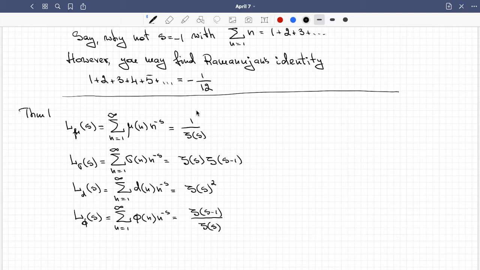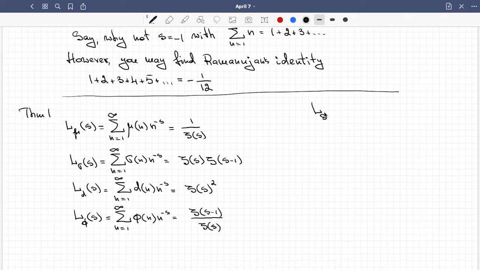Just what we considered in this class would yield variations on the theme of Riemann's zeta. There is an exception, but the exception is trivial, L delta.